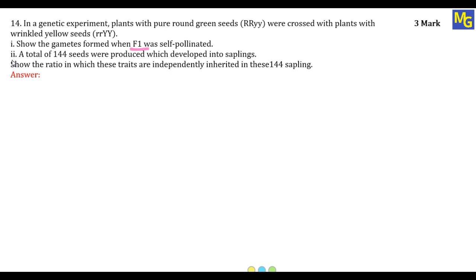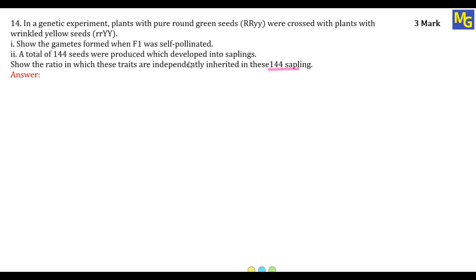Then question 2 is: a total of 144 seeds were produced. Whenever such pollination is done in the F2 generation, 144 seeds will be produced, which develop into saplings. Show the ratio in which these traits are independently inherited in these 144 saplings.